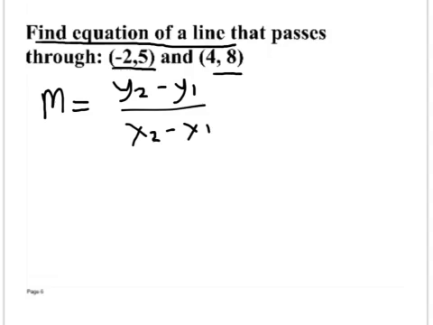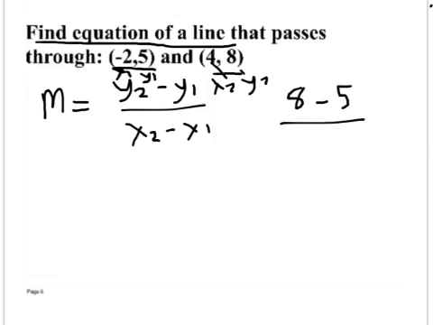So what I need to do is figure out which is point 1 and which is point 2. Does it matter? No. So I'm going to say this is x1, y1, and this is x2, y2. Then I just plug those in. y2 is 8. 8 minus 5.